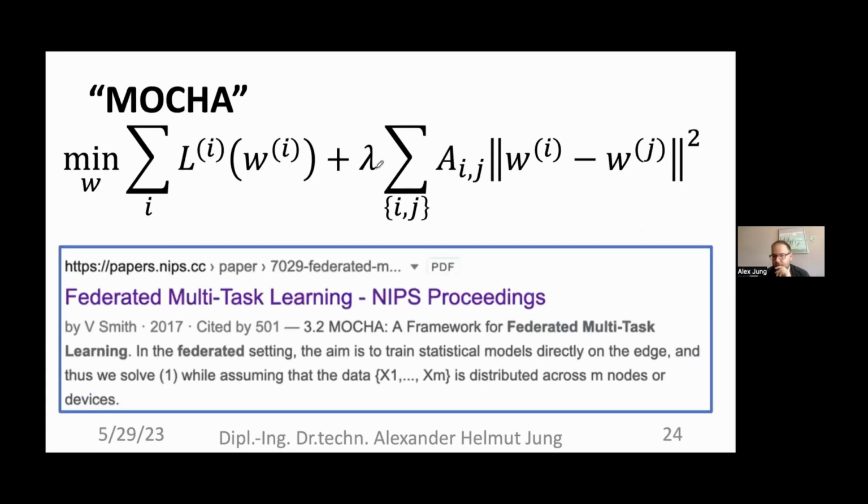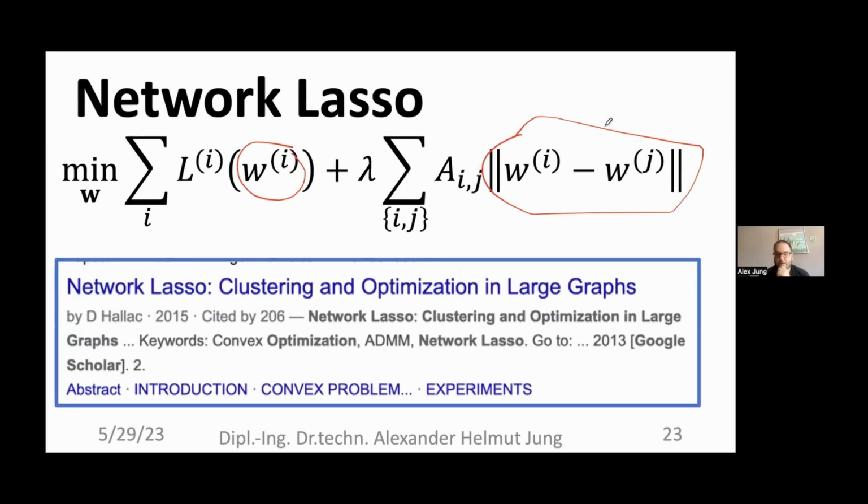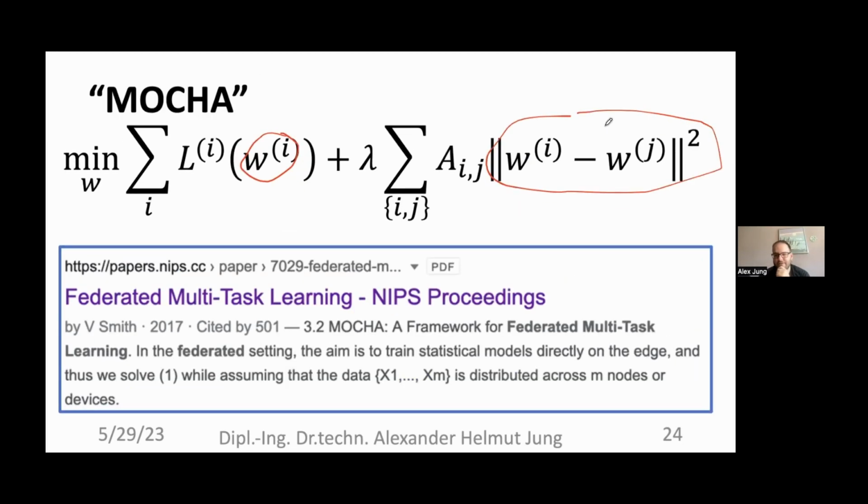Another special case that I already mentioned is MOCA. Also in MOCA, we use parameterized local models, so we have a parameter vector for each local data set, but they use a different penalty function: the squared Euclidean norm. Compared to the network lasso, which uses the norm, this is somewhat similar to the distinction between ridge regression, which uses the squared Euclidean norm for regularization, and the lasso, which uses the 1 norm.